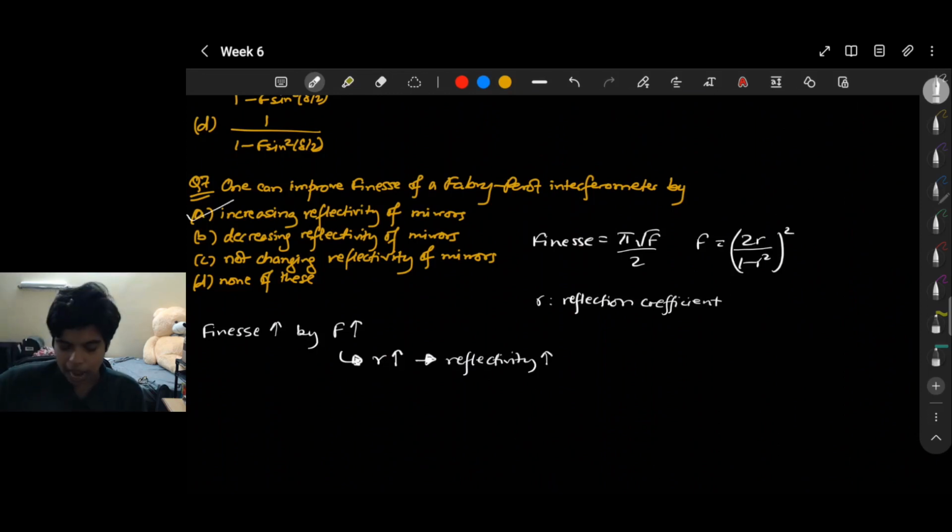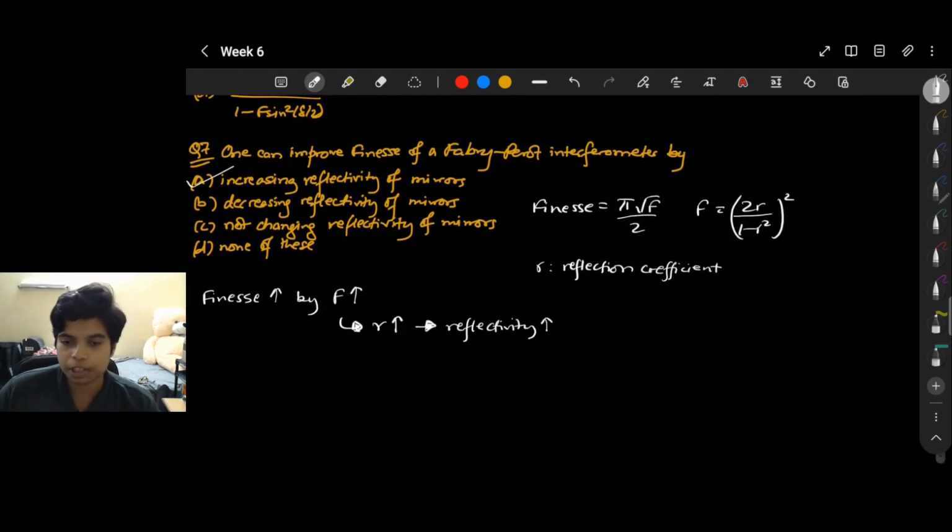Since finesse and coefficient of finesse are linearly proportional to each other, if there is some way I can increase my coefficient of finesse, then that same method would work to increase my finesse as well, because of this linear proportionality.